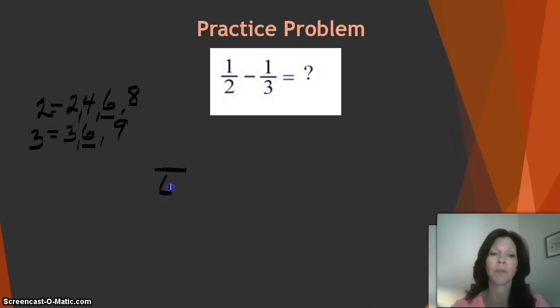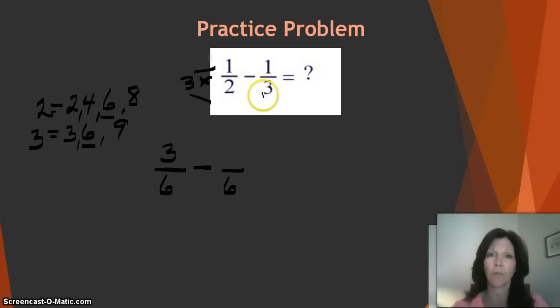So let's put that down here as our common denominator. Then if you look at this, what did it take to make 2 equal 6? 1, 2, 3. So you multiply by 3. If you do it to the bottom, you have to do it to the top. So 3 times 2 is 6. 3 times 1 is 3.